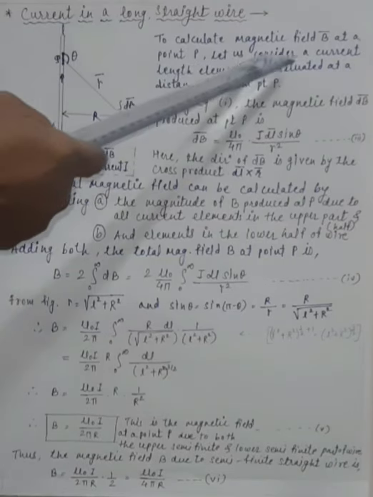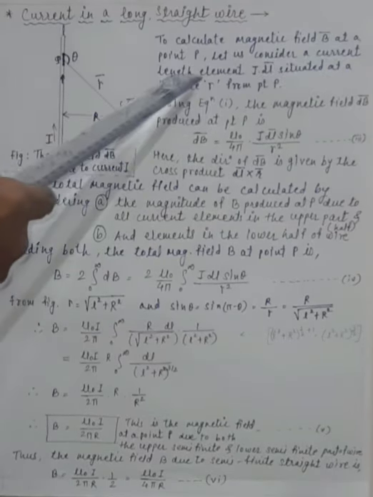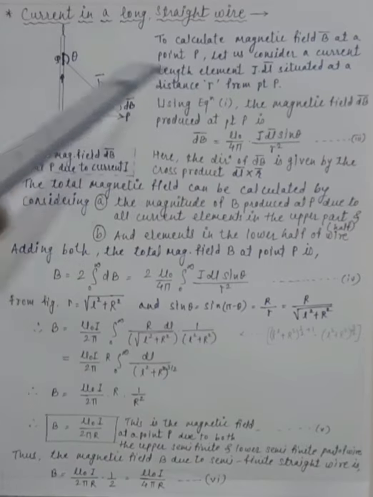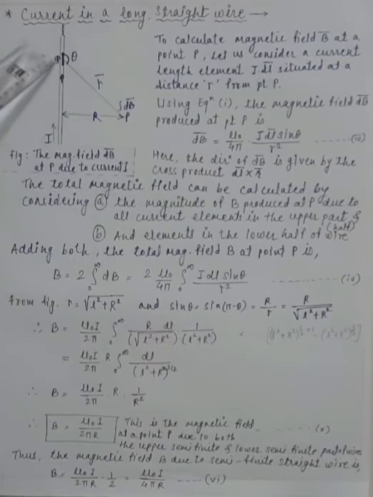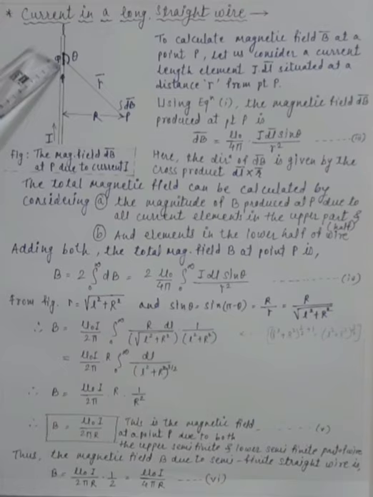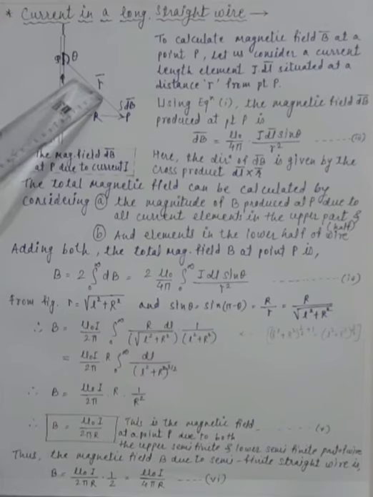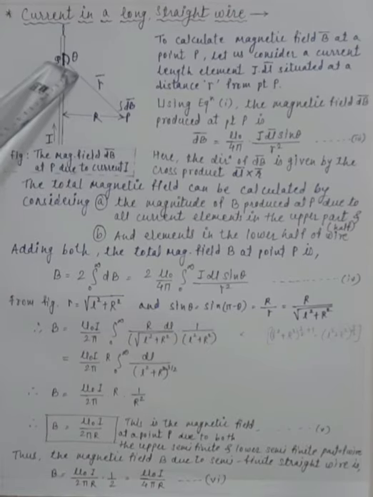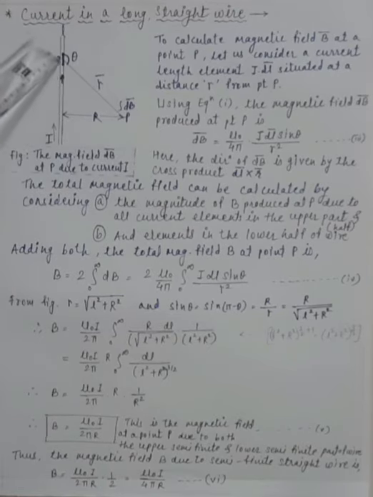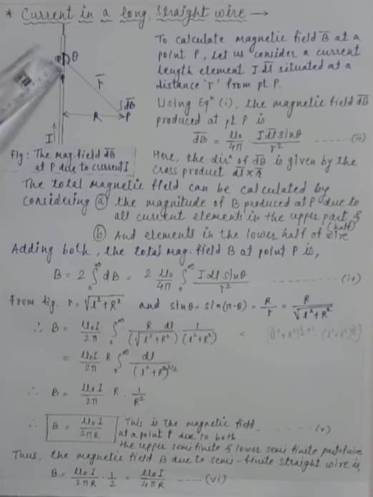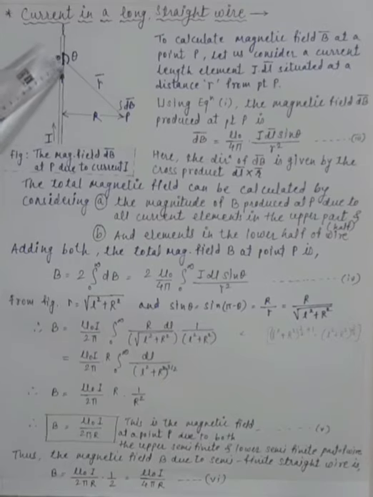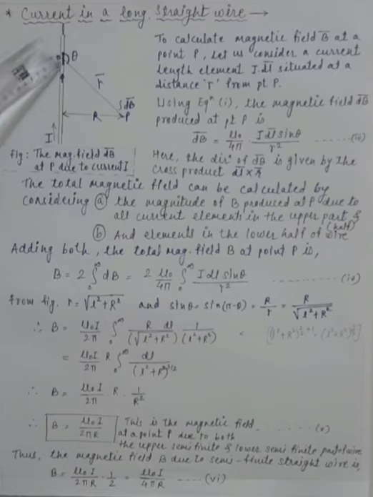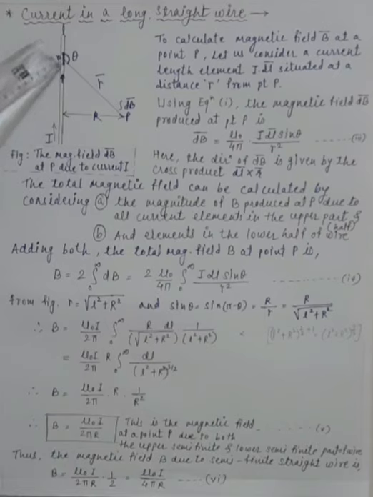To calculate the magnetic field B bar at point P, let us consider the current length element at point Q situated at distance r bar from point P. Why is it called a current length element? Because it is a small element of length dl, and the current flowing through the element is I. So I into dl is I dl, which is called the current length element.